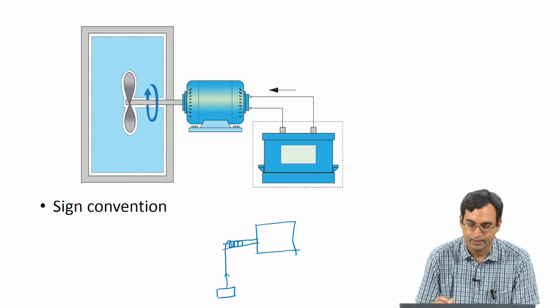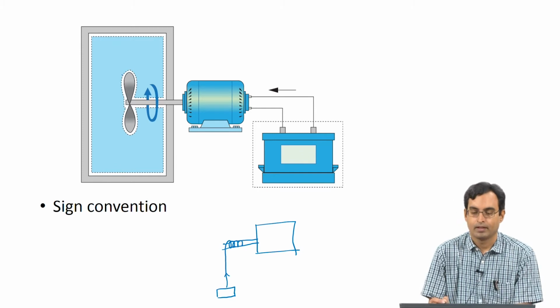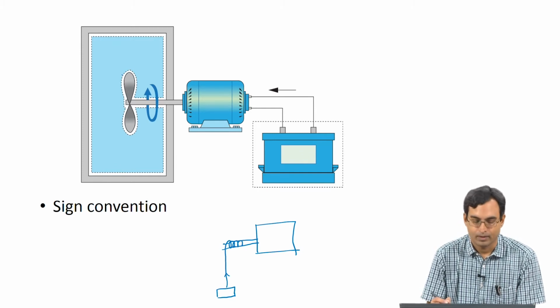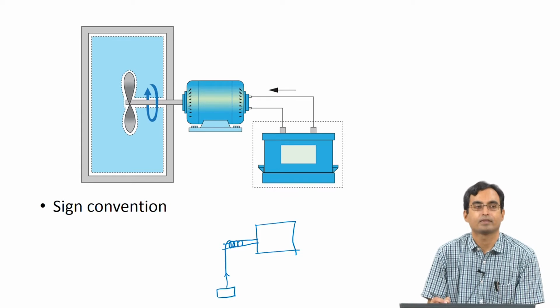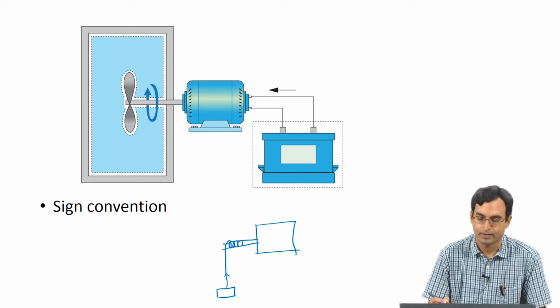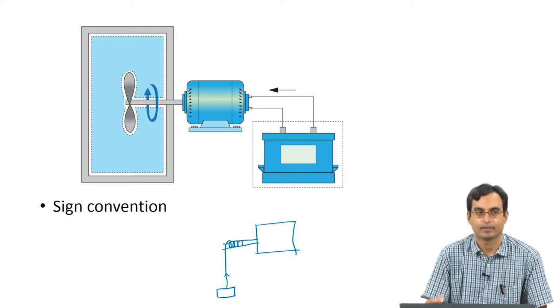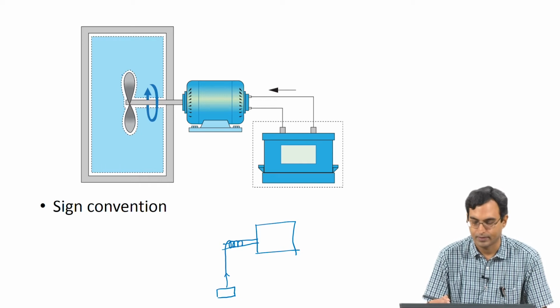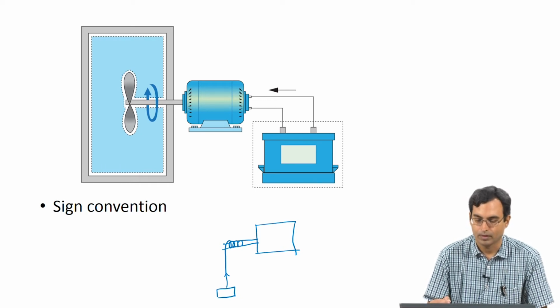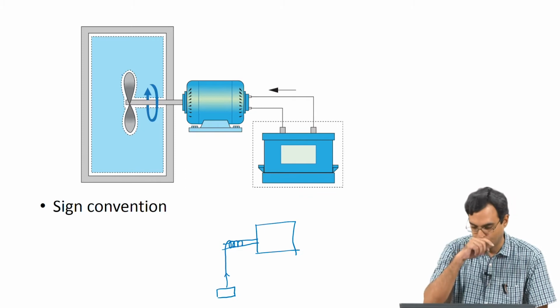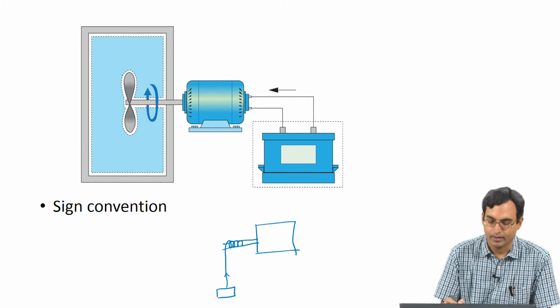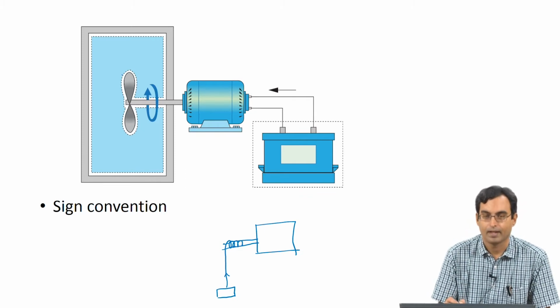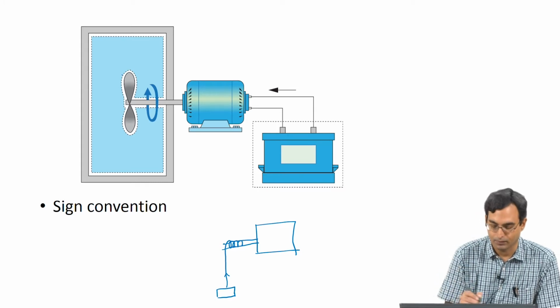We have a sign convention with respect to work. We will see that not everybody agrees on the sign convention. Some books use different sign conventions. If you look at books in chemistry, for example, they use slightly different conventions, but more or less in all the mechanical engineering books you will find they use the same convention. So, we say that the work done is positive if it is done by the system on its surroundings.